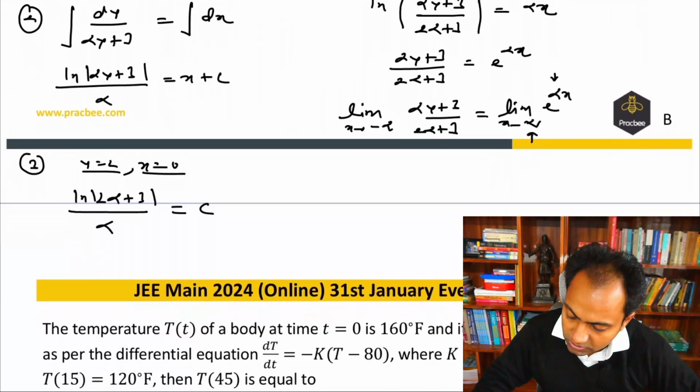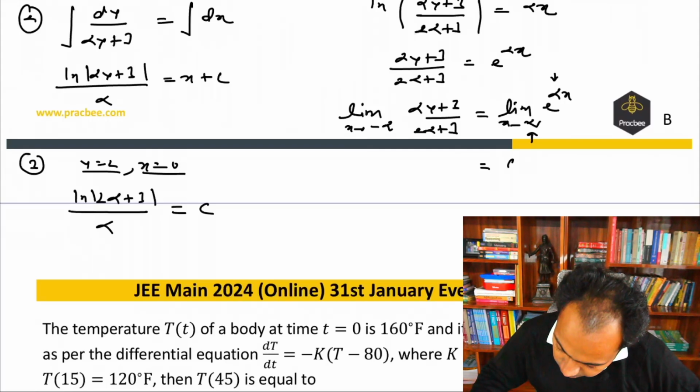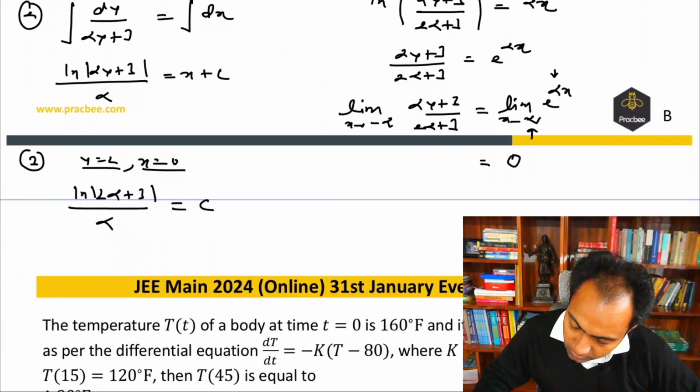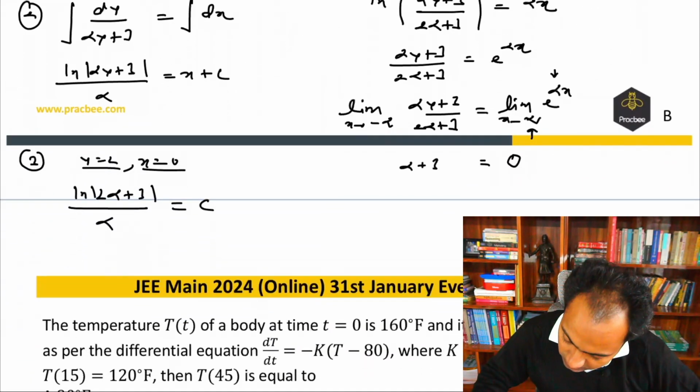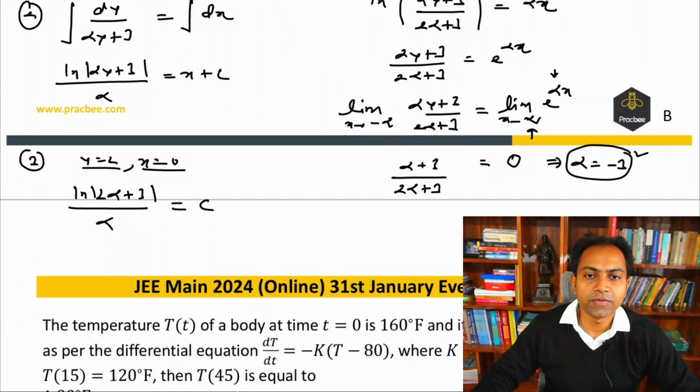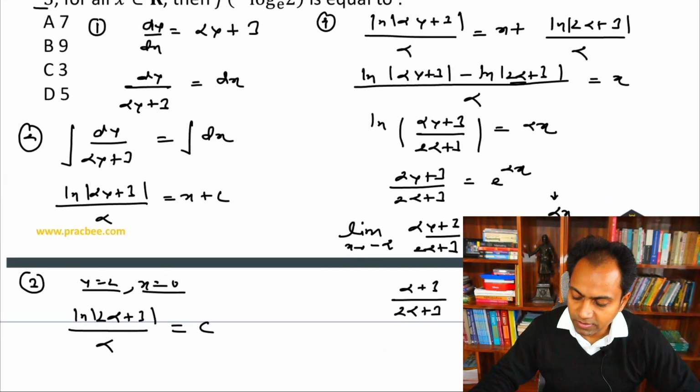Once you put this limit, we know that at minus infinity, this is going to become 0. And it is also given that the value of alpha corresponding to this becomes 1. So numerator will become alpha plus 3, denominator becomes 2 alpha plus 3. So if I solve it from here, the value of alpha comes out to be minus 3.